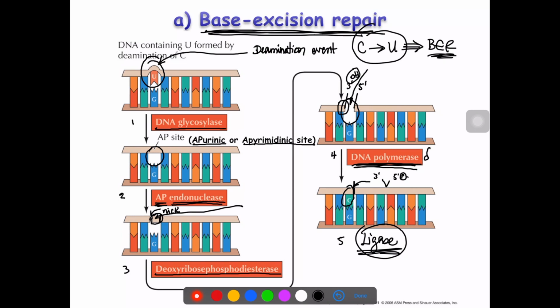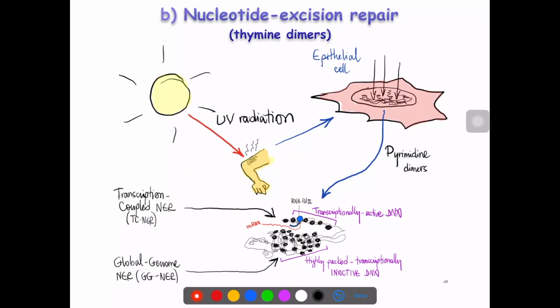All right, let's now move on with nucleotide excision repair. Let's go on to the next one. Nucleotide excision repair allows the cell to fix larger types of damage that may take place in the DNA. For instance, the addition of a bulky chemical group to a base in the DNA.